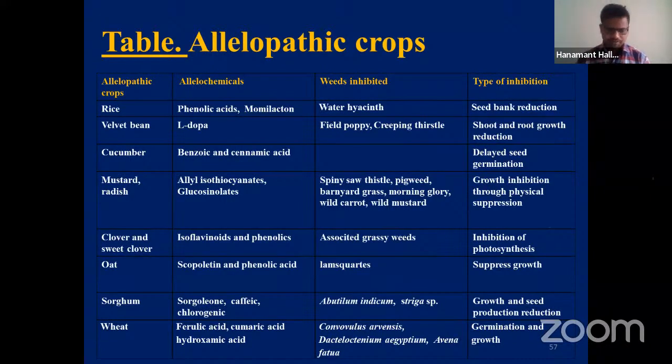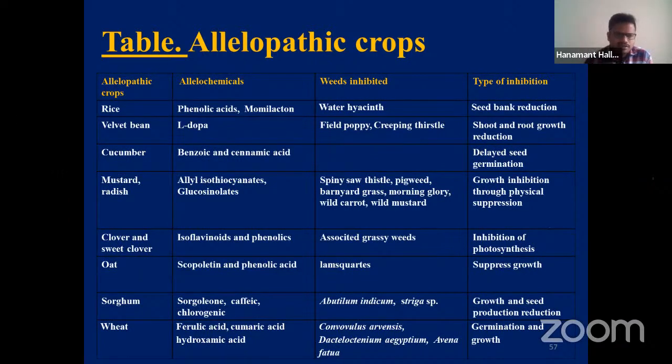physical suppression. So the next is clover and sweet clover. The yellow chemicals are isoflavonoids and phenolics. The weeds inhibited are associated with grassy weeds through inhibition of photosynthesis. In case of oat, scopolamine and phenolic acids are released that control weeds such as lambsquarters by suppressing weed growth.